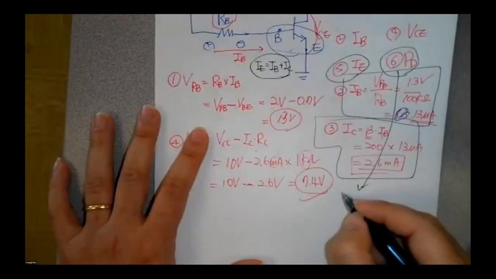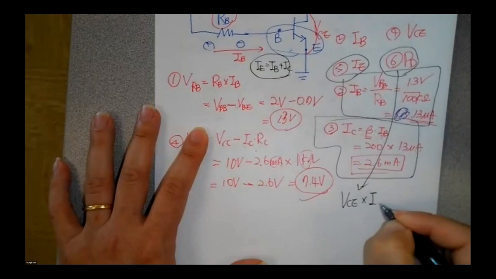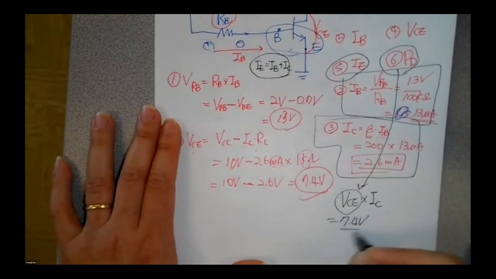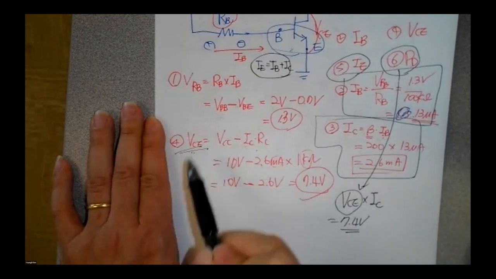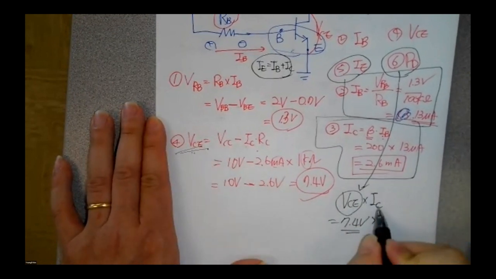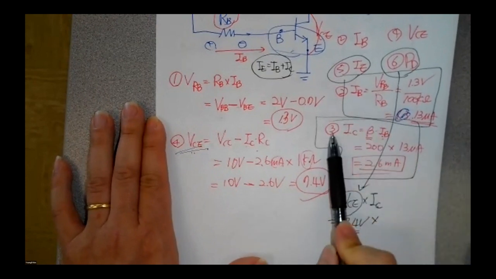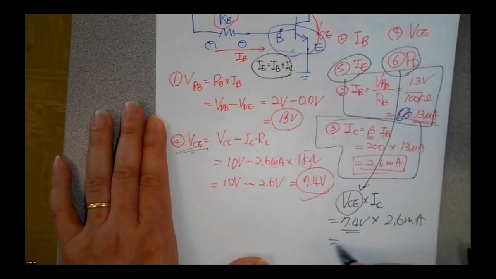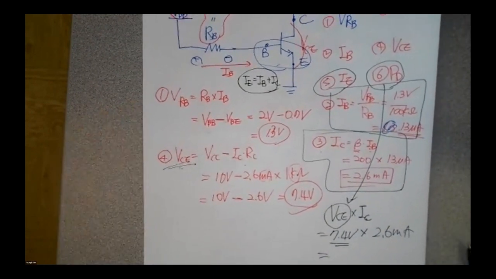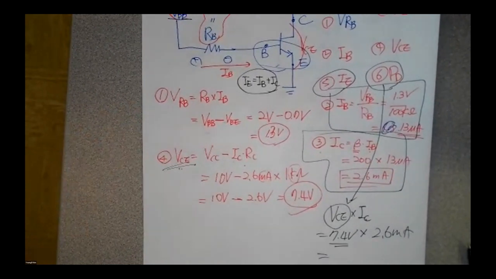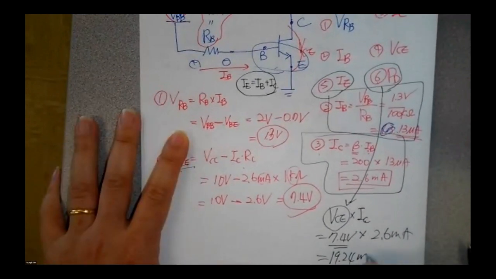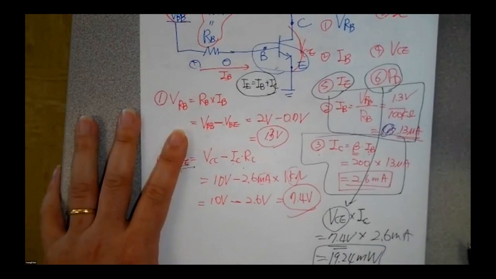The P sub D is V sub CE multiplied by I sub C. V sub CE is 7.4 volt, which we have already calculated from question 4, multiplied by I sub C, which we have already calculated from question 3, 2.6 milliamp. So calculating 7.4 times 2.6, that is 19.24 milliwatt right there.